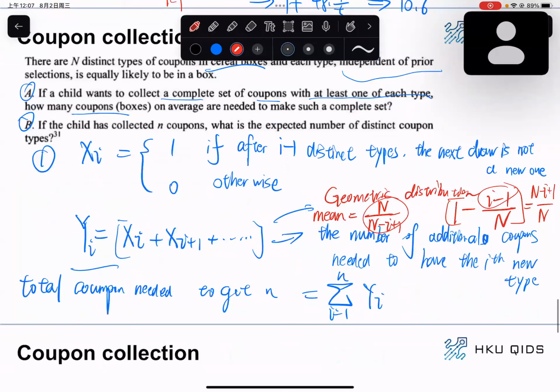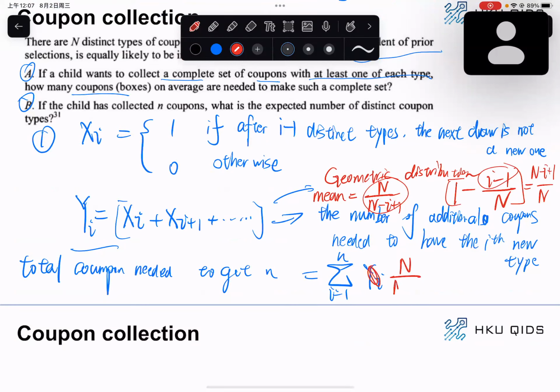So this is going to be the sum of n over n minus i plus 1, which is going to be n times (1 over n plus 1 over n minus 1 plus all the way to 1 over 1), okay? And then we solve this part.